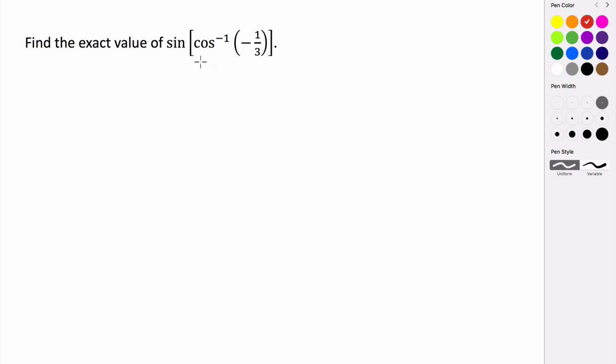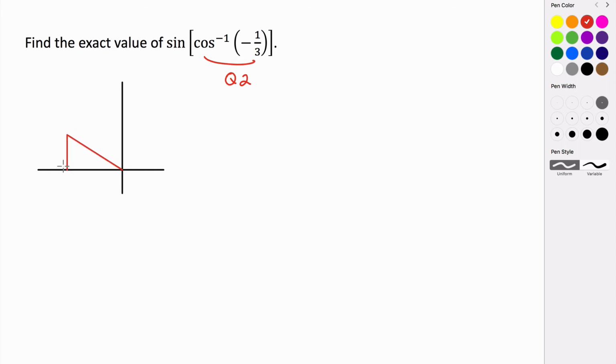So first, because this is an inverse cosine and the argument is negative, that tells us its output is going to be an angle in quadrant 2. So let's draw a triangle in quadrant 2.